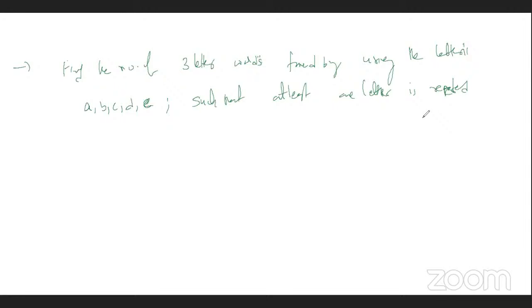And here they are not mentioning repetitions allowed or repetitions not allowed. Tejas, are you understanding the question? Yes, sir. Sir, the question is: find the number of 3-letter words formed by using the letters A, B, C, D, E, such that at least one letter is repeated.